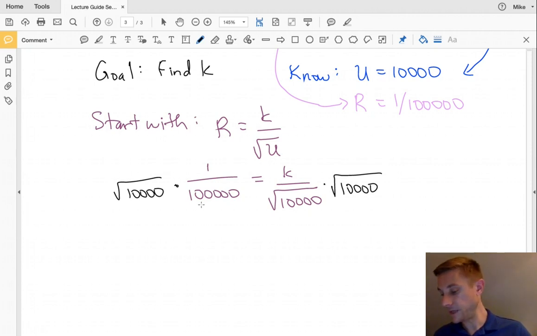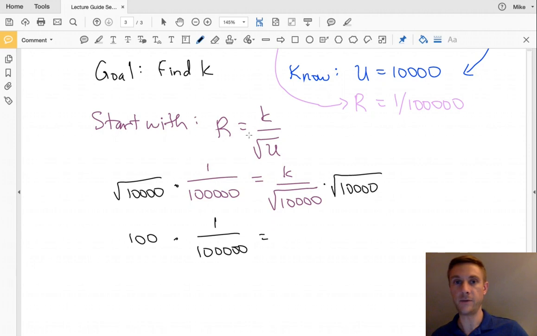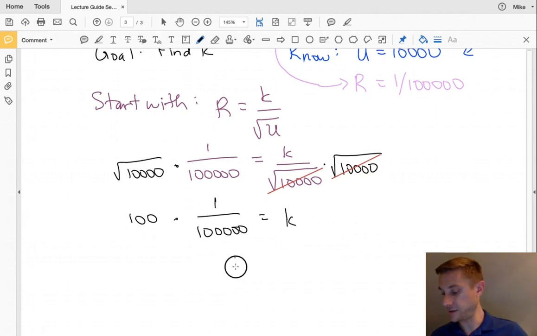But either way, square root of 10,000 should be 100, and then we're multiplying by 1 over 100,000. And the whole point of doing this mess on the right side was so that that piece would go away, and we should just be left with k. Mathematicians would be pretty satisfied with that as a number, but I think most humans would rather get down to a decimal, and I think we're looking at 1/1000th.